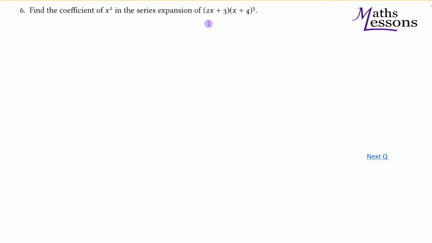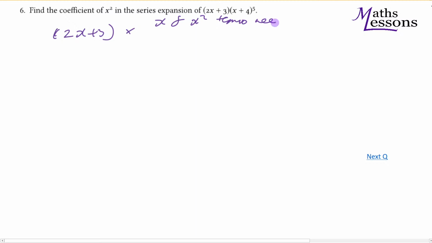Right, so what we need to do is take the first brackets here, and we don't need to expand that. We just need to multiply that by the x and the x squared terms needed from this bit here.